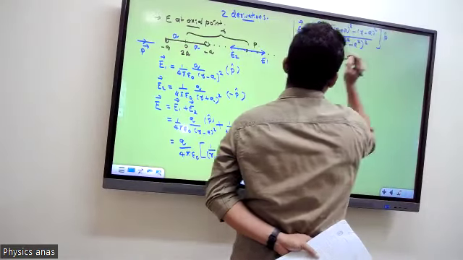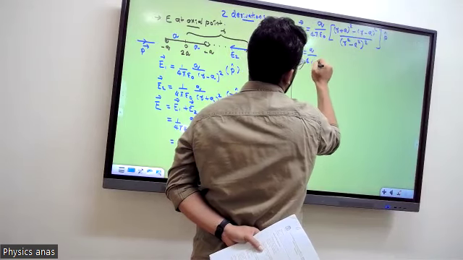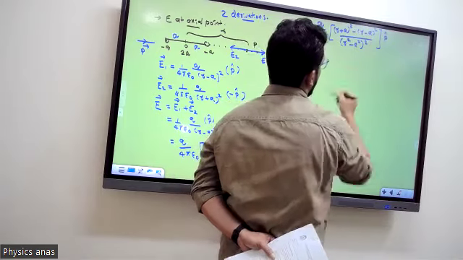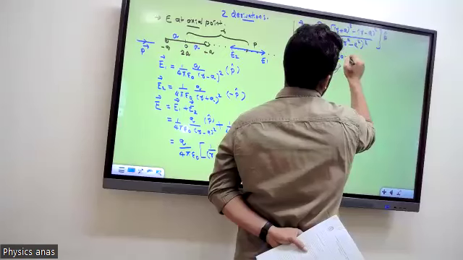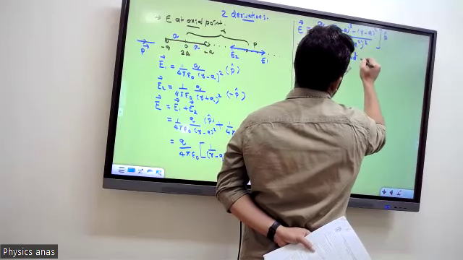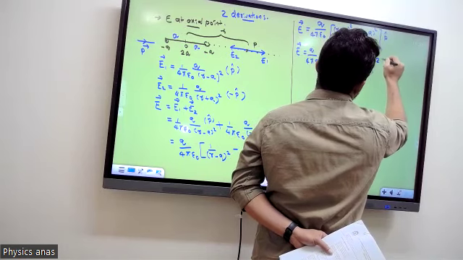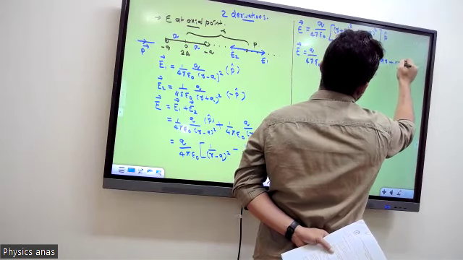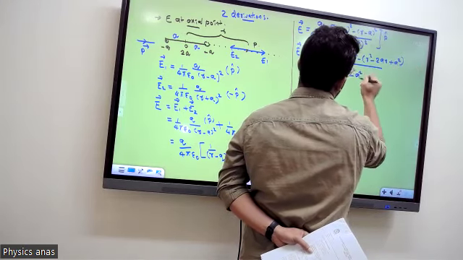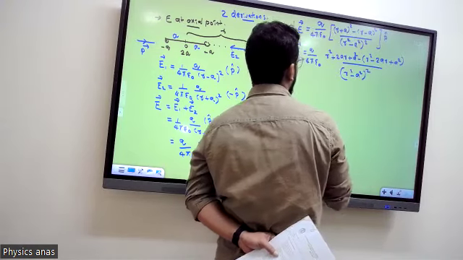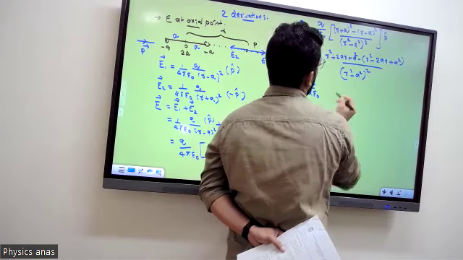And P cap. Now the net electric field is Q by 4 pi epsilon naught, and inside the bracket you can expand: R square plus 2AR plus A square, minus (R square minus 2AR plus A square), divided by (R square minus A square) the whole square.